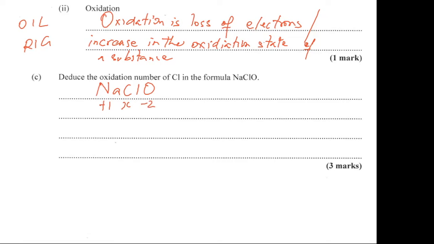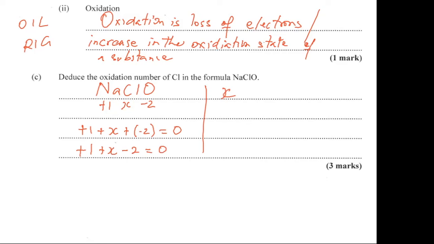So we can take this now to write an algebraic expression. +1 from the sodium plus X, which we don't know, plus -2, all of that is equal to 0. Let's group the like terms. We're going to end up with X, and +1 minus 2 will give us -1.